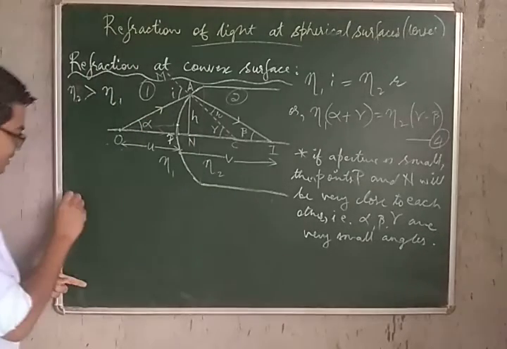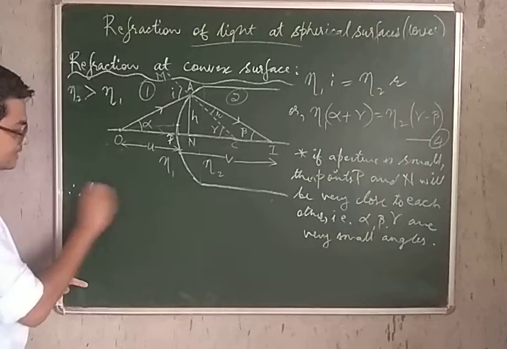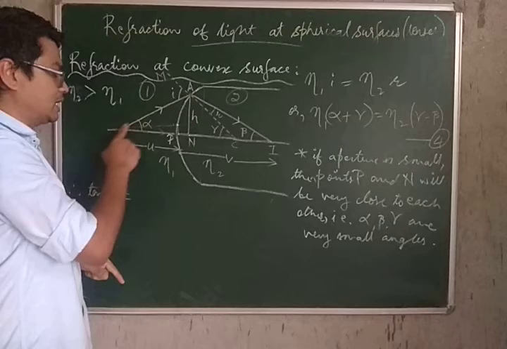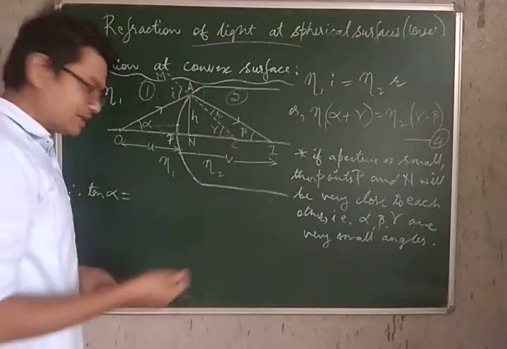So therefore what we can write is, tan alpha. What is tan alpha? Look at this triangle AON. It's a right angle triangle.